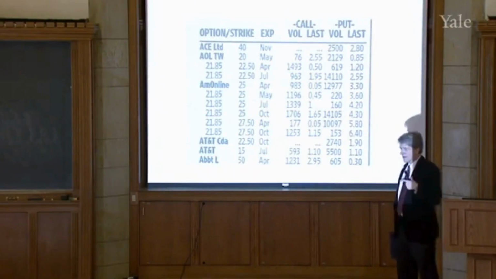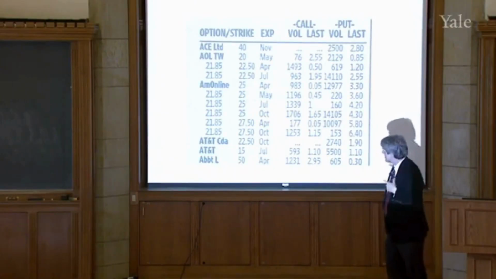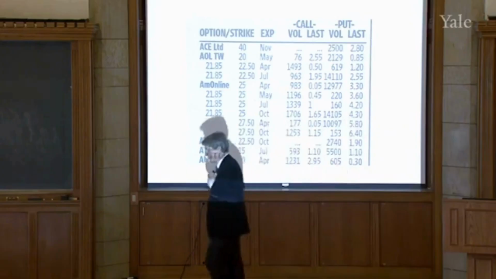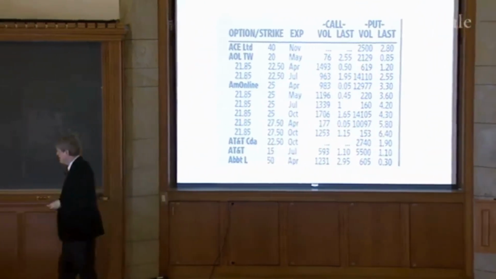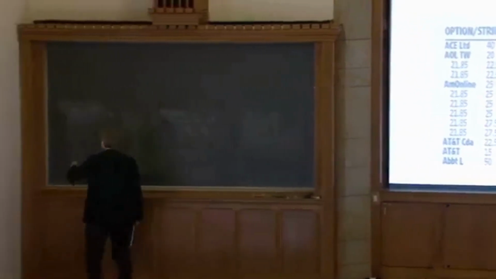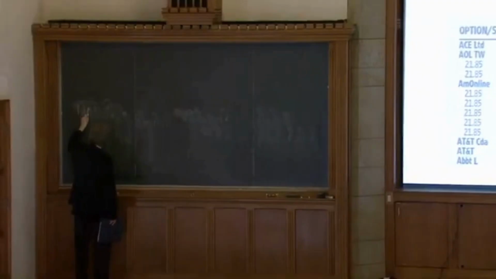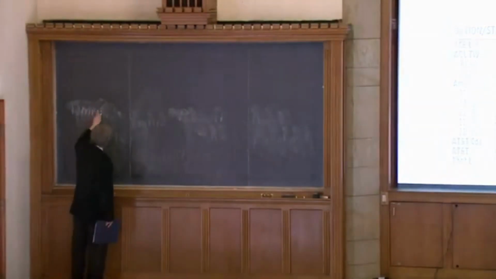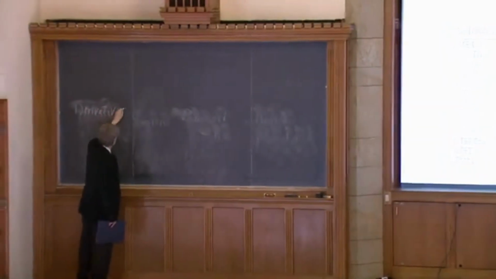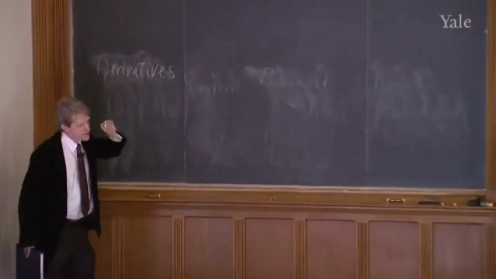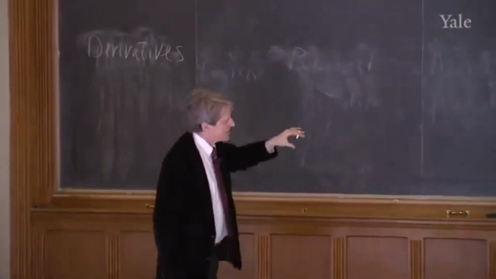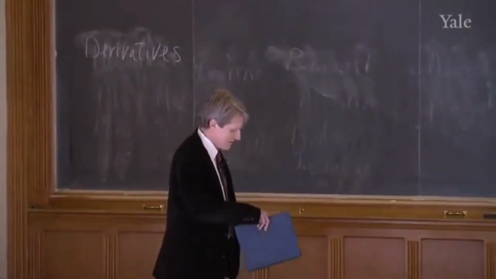So the option becomes a market of its own, where prices of options start to look like an independent market. And this is called a derivatives market because there's an underlying stock price, but this is a derivative of the stock price.